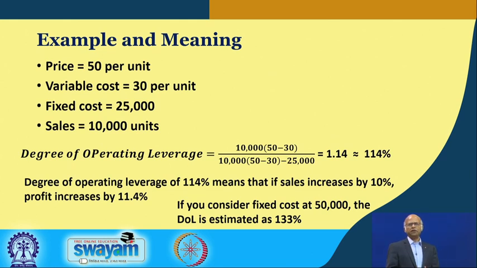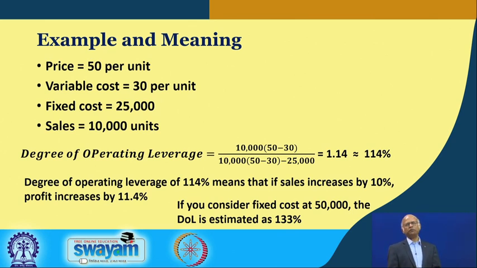So, here is an example about degree of operating leverage. Say you have all this data. The formula is contribution divided by operating profit. Contribution is nothing but the total number of units that you produce multiplied by unit contribution, that is price minus variable cost, divided by operating profit, which is nothing but contribution minus fixed cost, meaning total sales minus total cost.